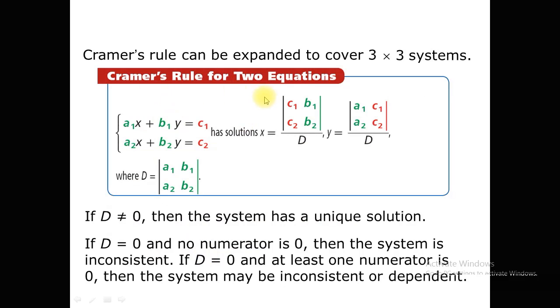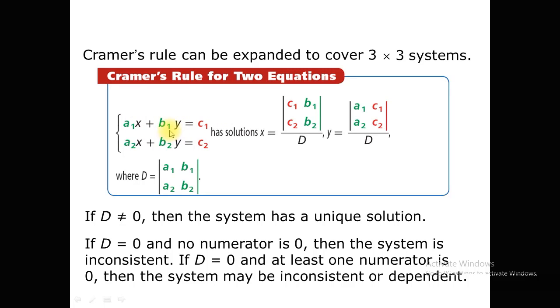Now dear students, as I have already told you for the system of two equations using Cramer's rule, note that the situation is similar for a 3 by 3 system also.